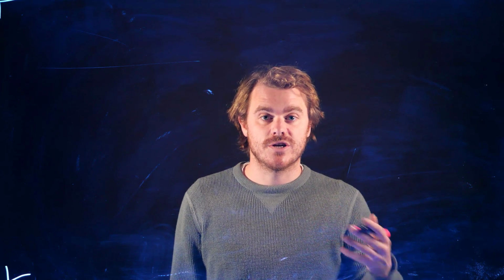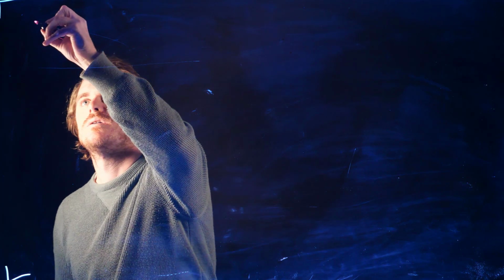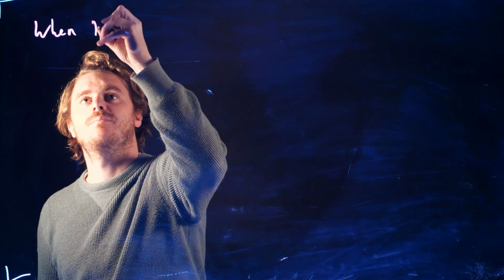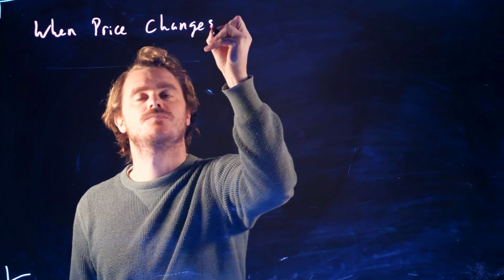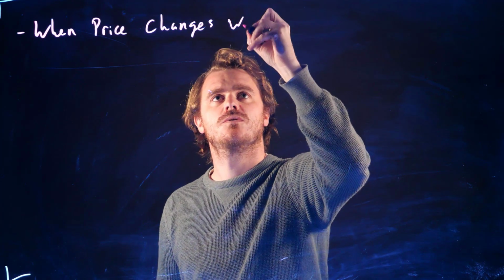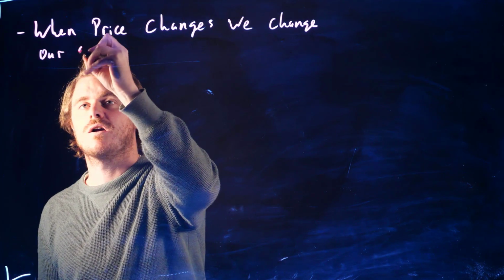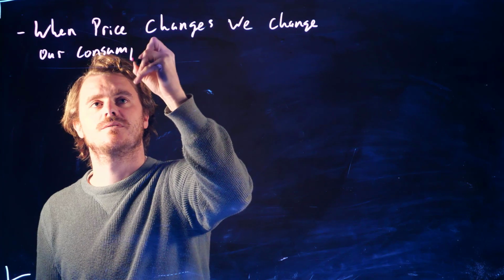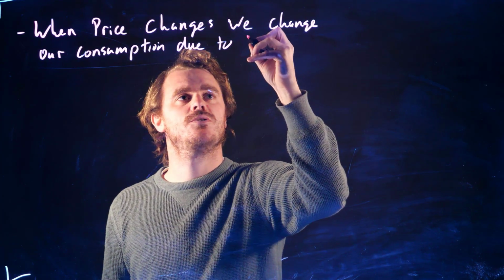So when the price changes, we change our consumption of a good for two reasons, the income and the substitution effect. When price changes, we change our consumption due to two effects.